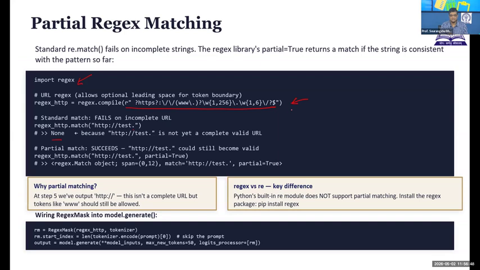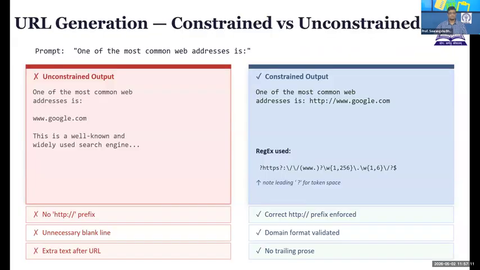The pattern is www dot a word, slash, dot, a word of length 1 to 6, something like this. But if you set partial match, then this is actually true. So that is the key idea about this.